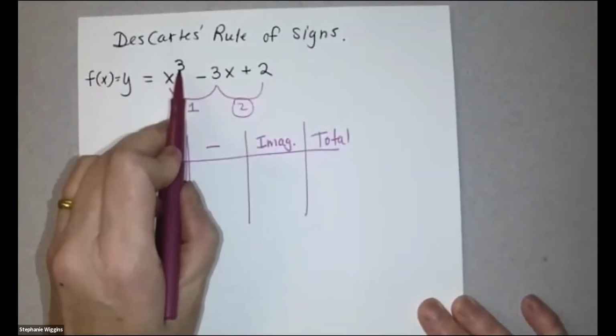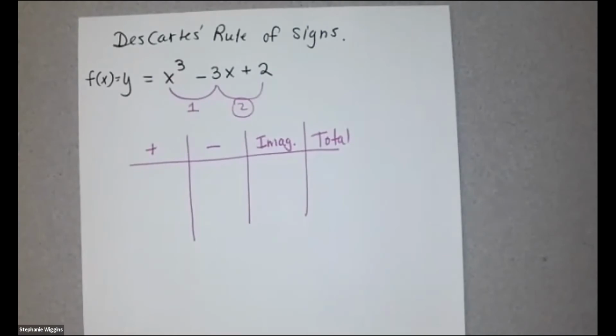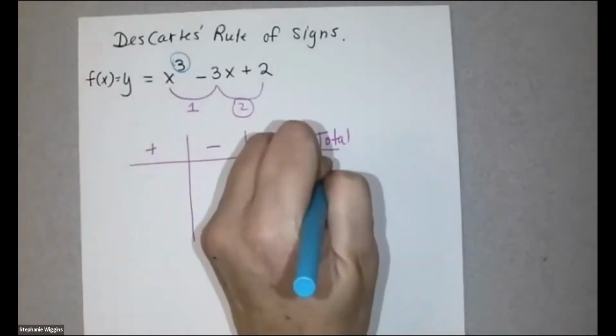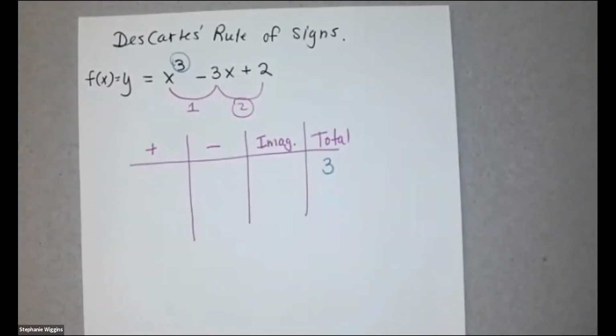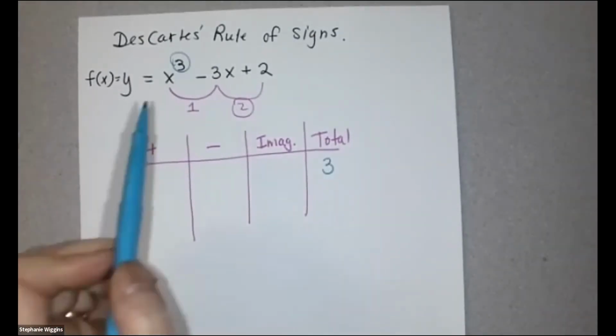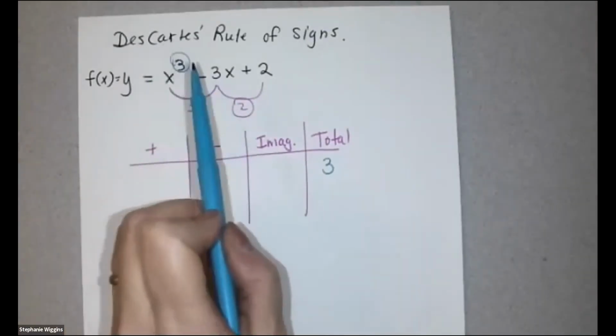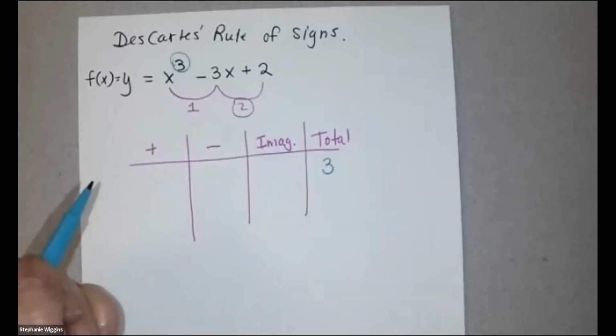Now, because this is a degree 3 polynomial, I already said that the total number of zeros is 3, okay? Now, by Descartes' rule of signs, because there were 2 sign changes, we went from positive to negative, and then from negative to positive. That's 2 times.